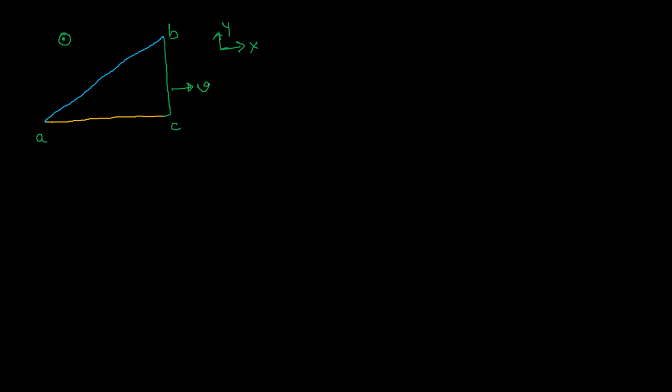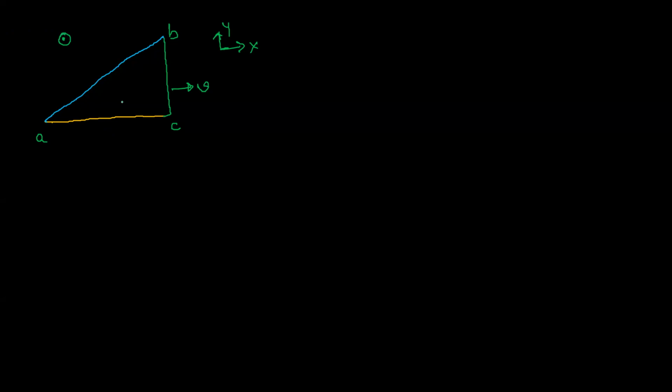Now see what is given. It moves at a uniform speed, so speed is constant. First we have to find the EMF induced in the loop ABC. If you focus carefully, because of the motion of this loop, there is no change in the flux through this loop, because the field is present in the entire region.